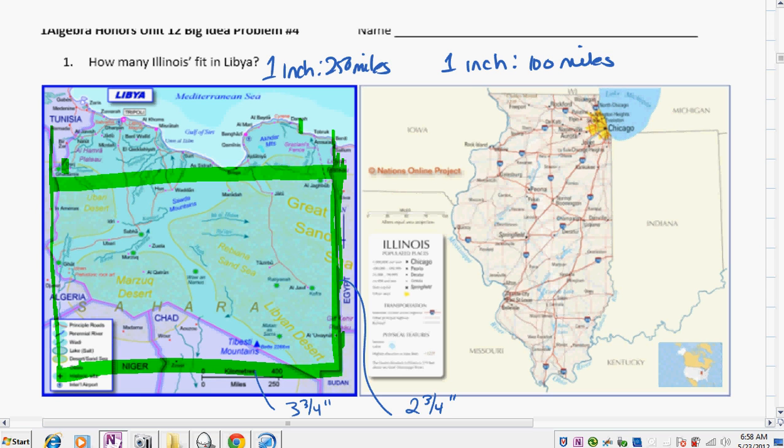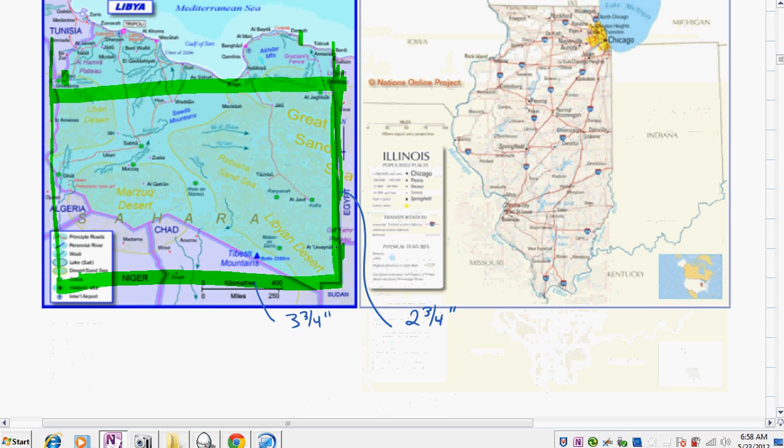And so let's just see if we can make some sense of what that means. So the area is base times height in a rectangle, I guess length times width. And so 3.75 times 2.75 gives me 10.3125 square inches.